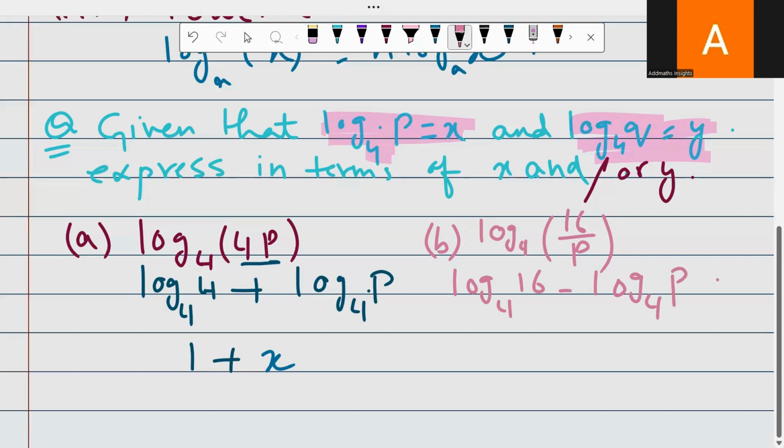Further, you can write 16 as 4 squared, and you know that log 4 of 4 squared is equal to 2. And minus log 4 p, whose value is given as x, so the answer is 2 minus x.